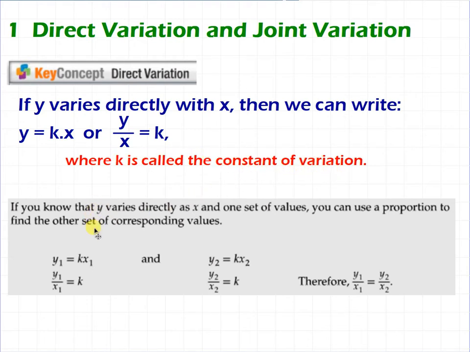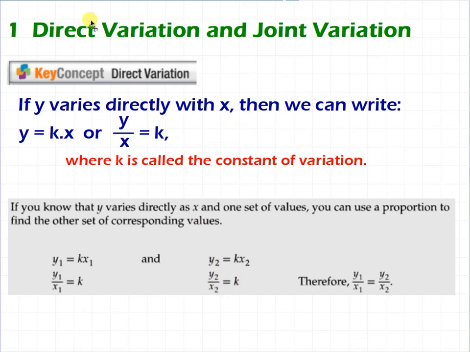Now, if I know that y varies directly as x, and we know two sets of values. For the first set of values, x1 and y1, y1 varies directly as x1, so I can say y1 equal kx1, or y1 over x1 equal k, as we mentioned here. For the other set of values, I can also write that y2 over x2 equal k.